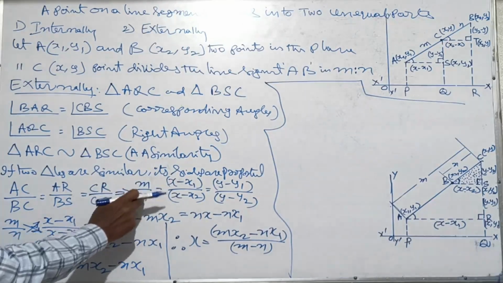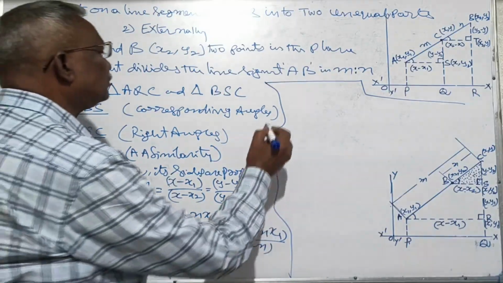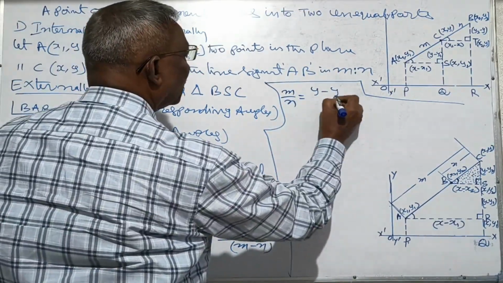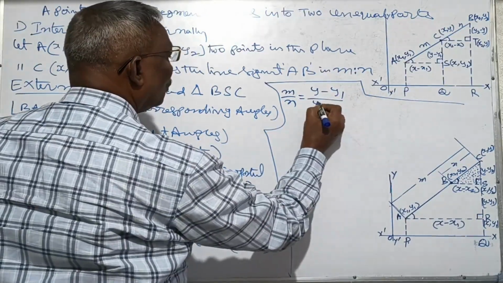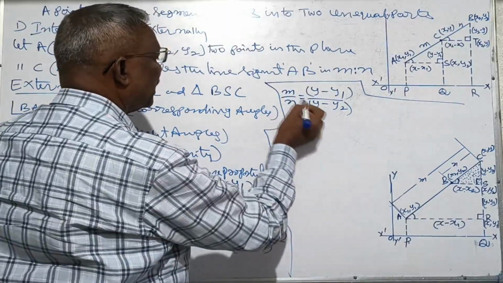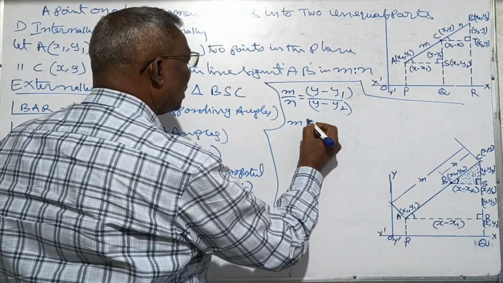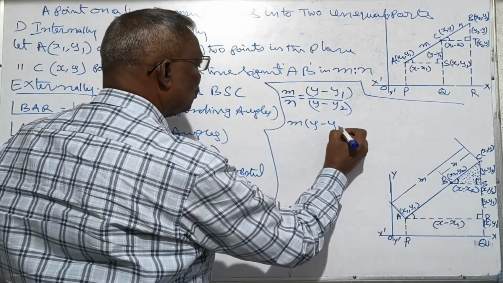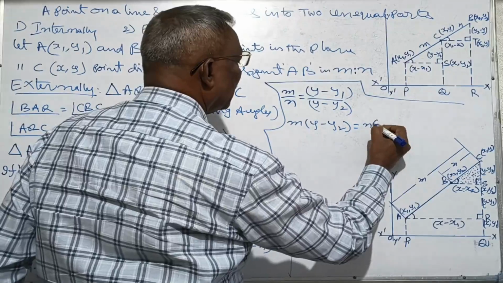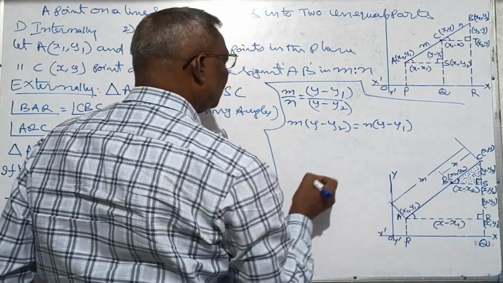Similarly, m by n is equal to y minus y1 by y minus y2. Cross multiply it. M into y minus y2 is equal to n into y minus y1.